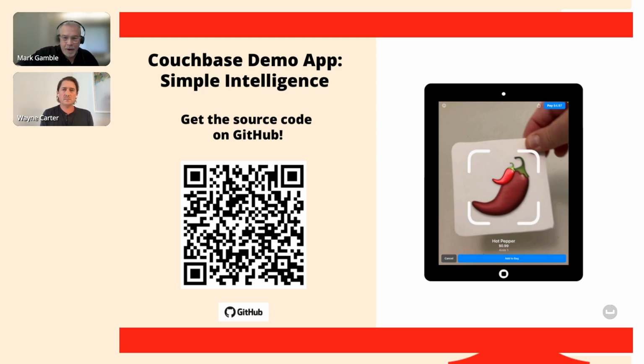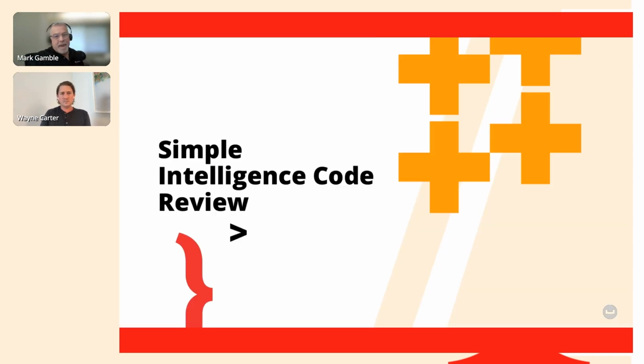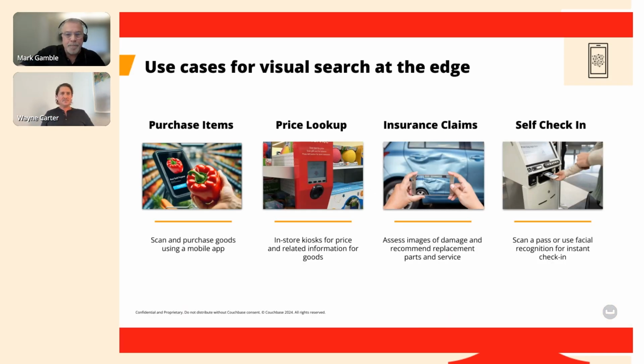And as we wrap up, let's imagine other use cases. As the app shows, visual search is great for retail scenarios, right? Where mobile devices and kiosks and cameras can streamline the shopping experience.